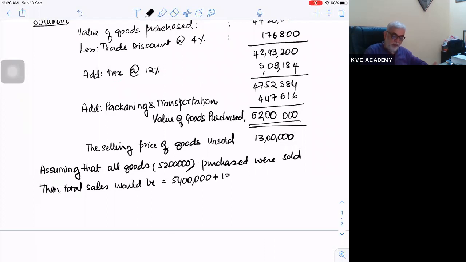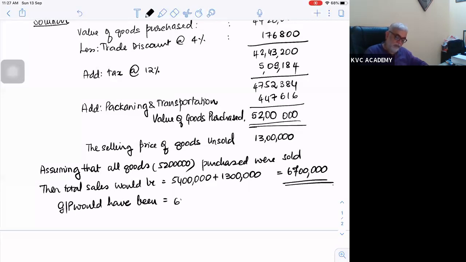Total sales would have been 54 plus 13, because 13 lakh is at selling price. The total sales would have been 67 lakhs. The gross profit would have been 67 lakh minus 52 lakh, because this is sales and this is purchases. So gross profit would have been 15 lakhs.